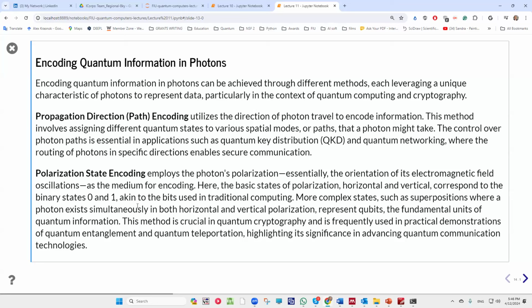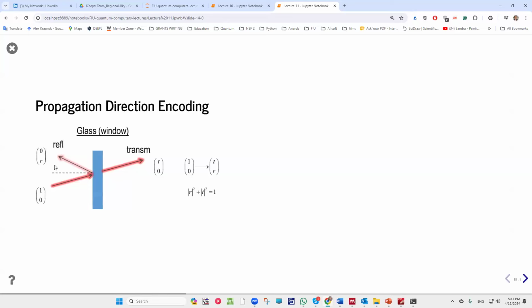So there are two directions for the photon to be polarized, and we can use either one as the state of a polarization qubit. Okay, let us discuss this in more detail. So let us talk about propagation direction encoding first.